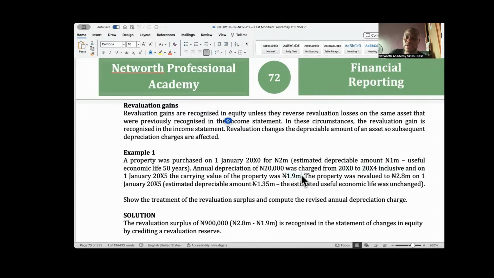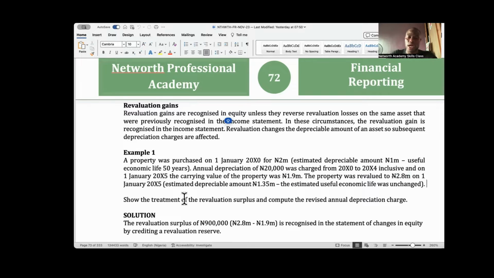They gave me the carrying amount. They now went ahead to tell us that the property was revalued to 2.8 million on 1st of January 2005, and they gave me the depreciable amount to be 1.35 million, and the economic life was unchanged.